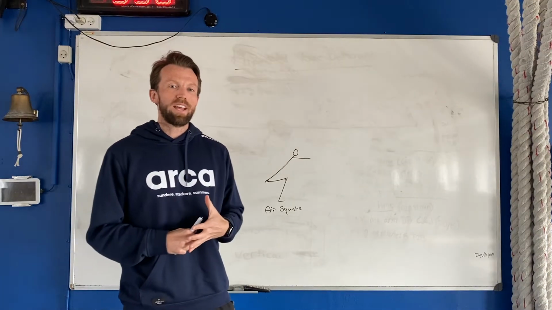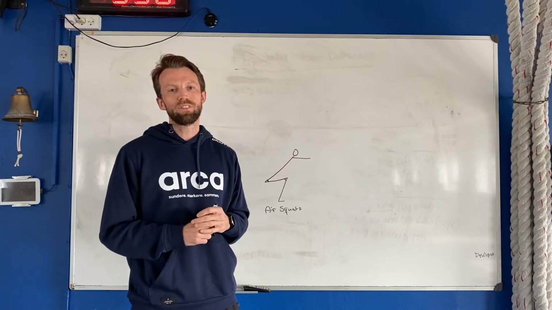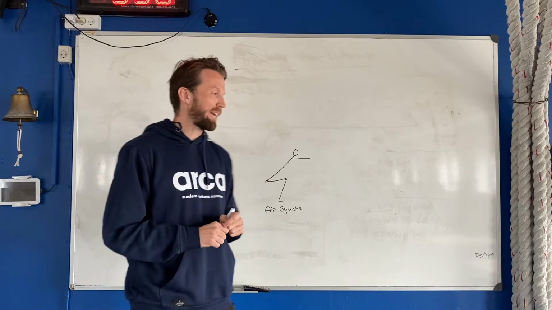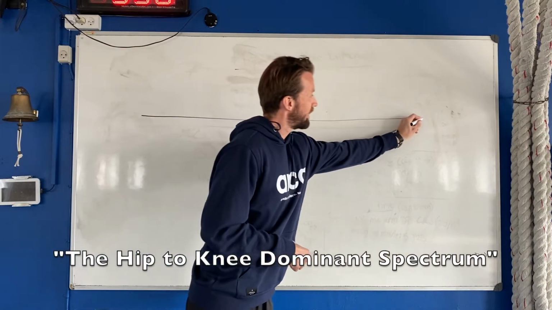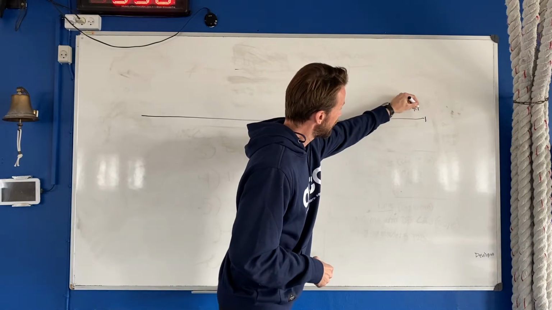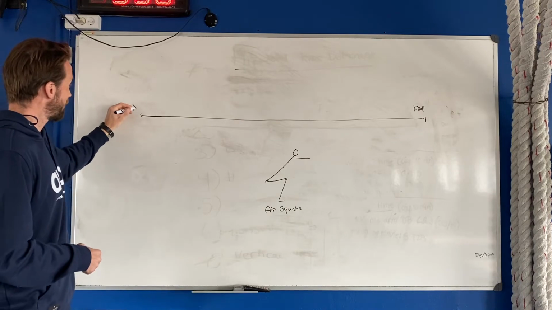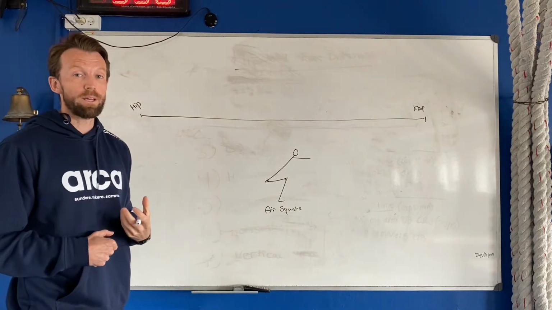So that's why, instead of making 2 categories, when we really want to dig into this topic, it's actually better to draw a kind of spectrum, where an exercise can be very knee dominant or exclusively knee dominant, and at the other end of the spectrum we have exercises that are exclusively hip dominant.